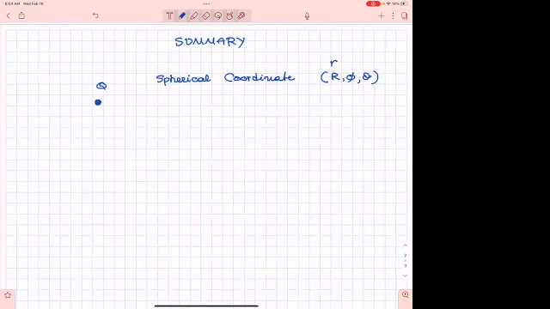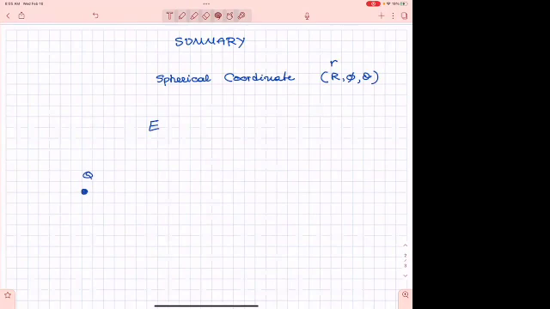So which direction does the electric field have? Spherical has the radial direction, and then has the phi and theta directions. Which is the direction of the electric field in this particular case where you have a point charge? Somebody tell me.